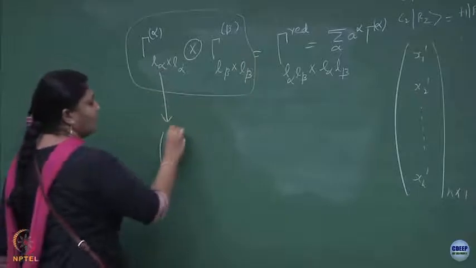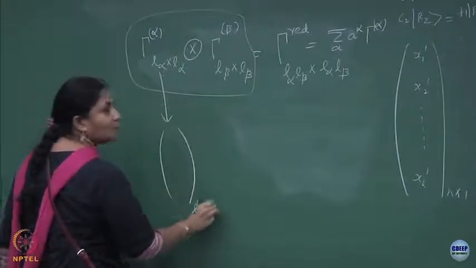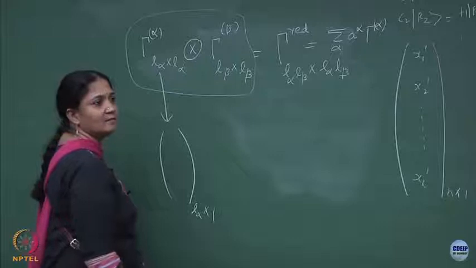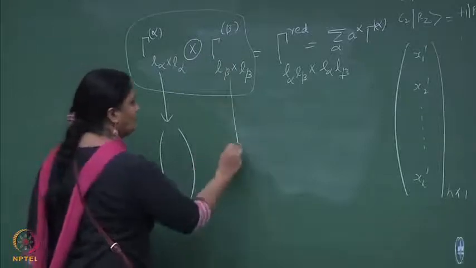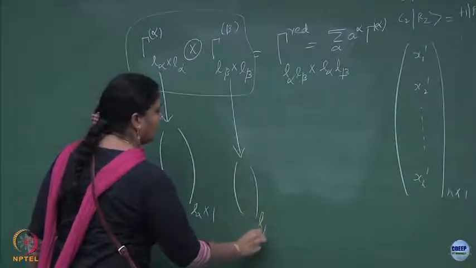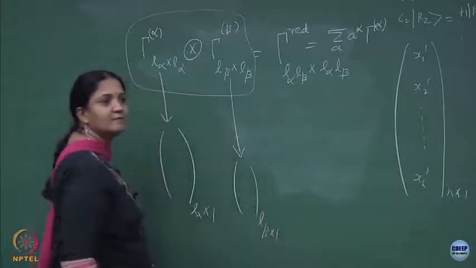Once I do this, to start with, this one will operate on a L alpha cross 1 basis, this one will operate on a L beta cross 1 basis.